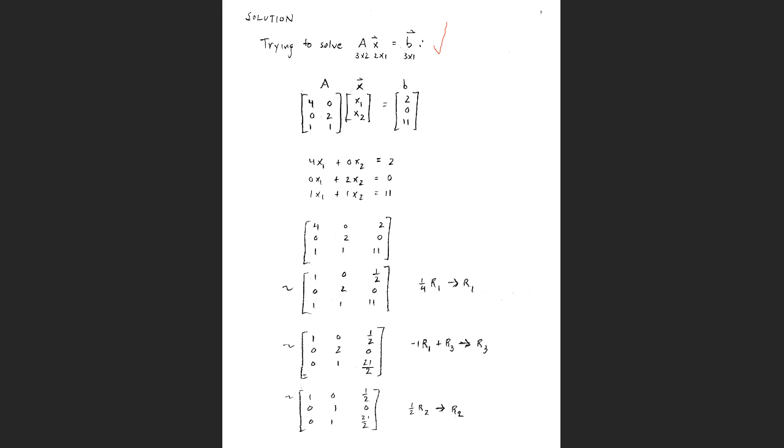If I use the row column rule for multiplying the matrix A times the vector x, then I get this system of equations. So we have three equations and two unknowns.